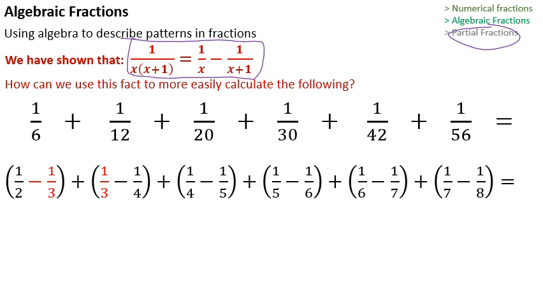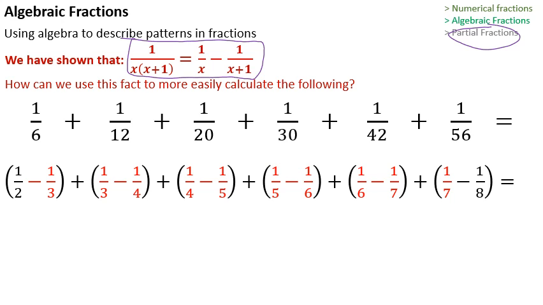If you look closely, you'll see that the minus a third has a companion, plus a third, right next to it. The same thing happens with minus a quarter and plus a quarter, minus a fifth plus a fifth, minus a sixth plus a sixth, minus a seventh plus a seventh. In fact, all of those middle terms will cancel out with each other, because every time a fraction appears like a fifth, there's another fraction just before, negative a fifth, that will cancel out with it and give us 0.